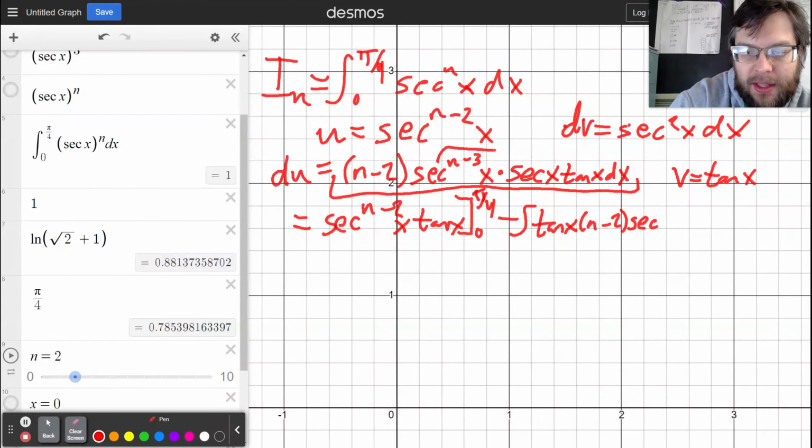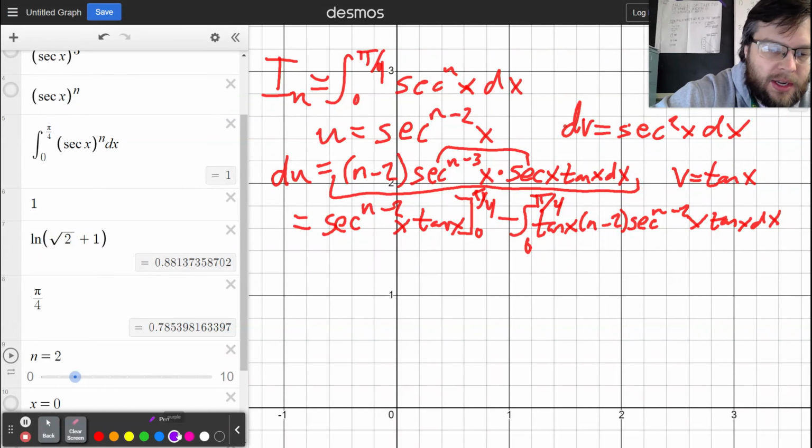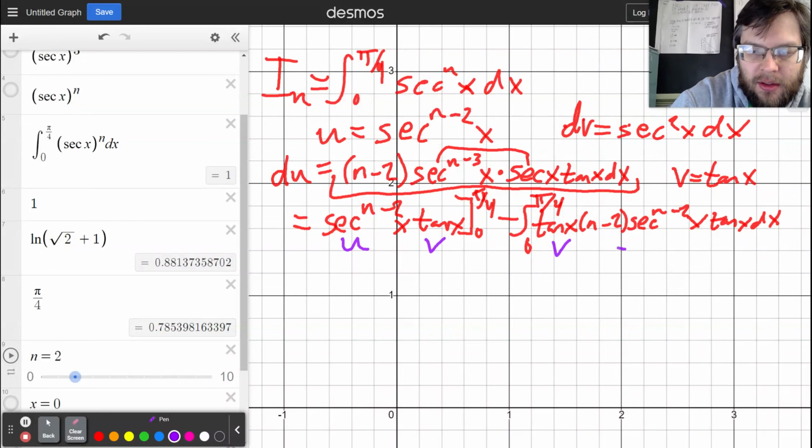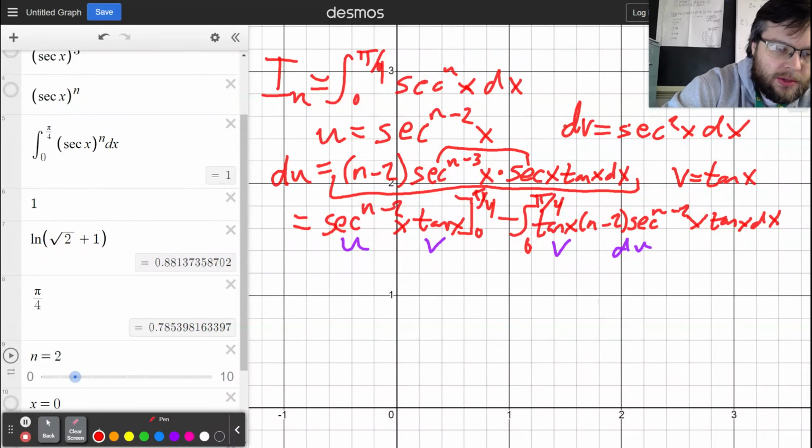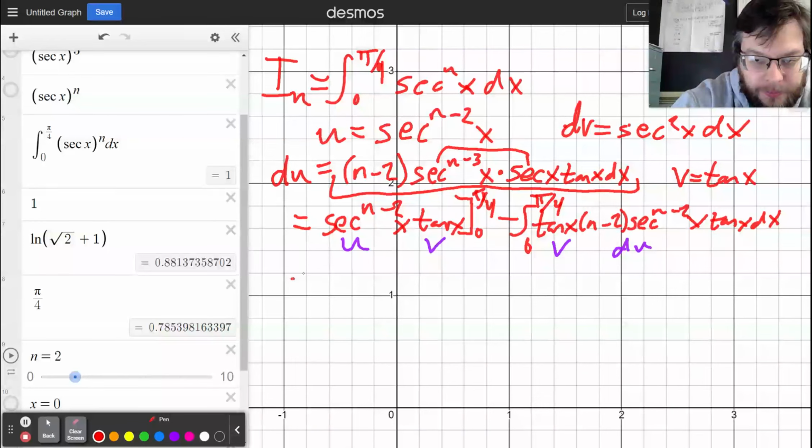I can combine these to make n minus 2 tan x dx. So double check, look back over that, maybe pause the video. Do you see where all of those pieces came from? I had a u, a v, a du. Okay? Now we're going to do some plugging in and some simplifying.